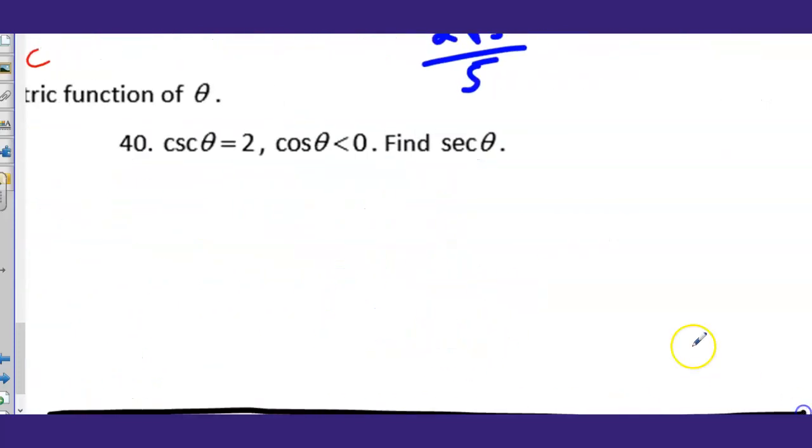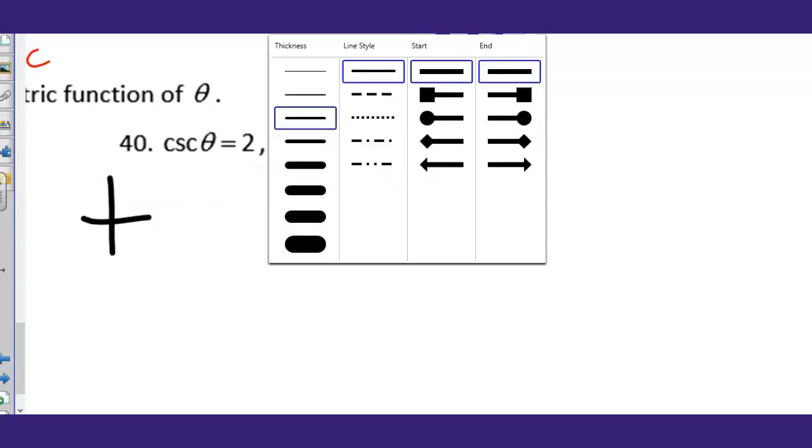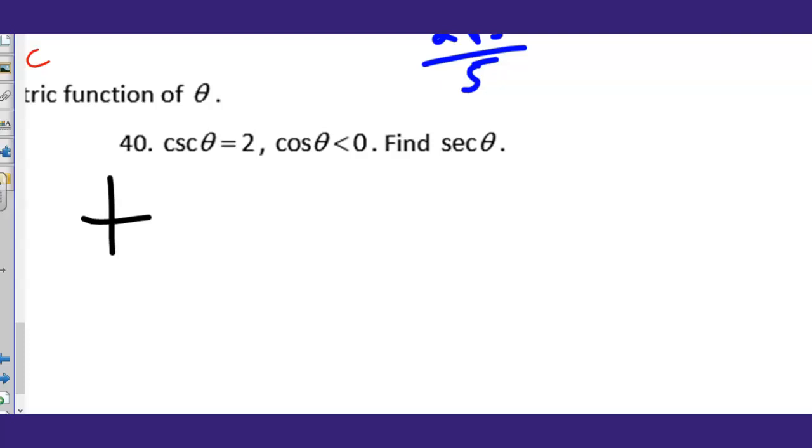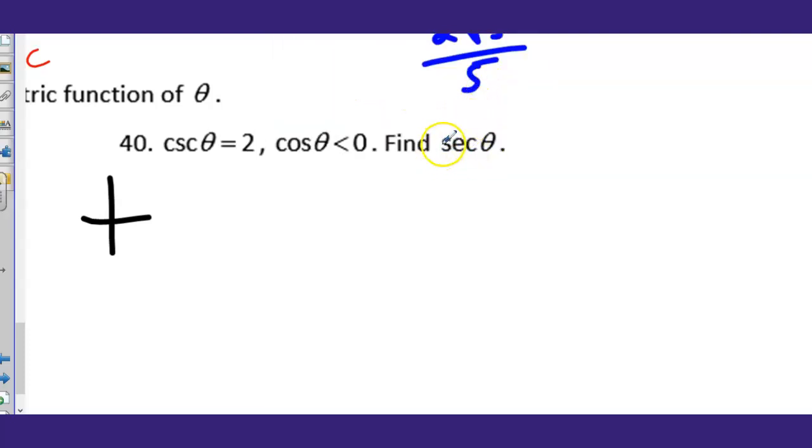And lastly, but not least, we have this problem right here. Cosine is less than 0, so cosine is negative. Then cosecant is 1 over sine, and this is a positive 2, which means sine is positive.